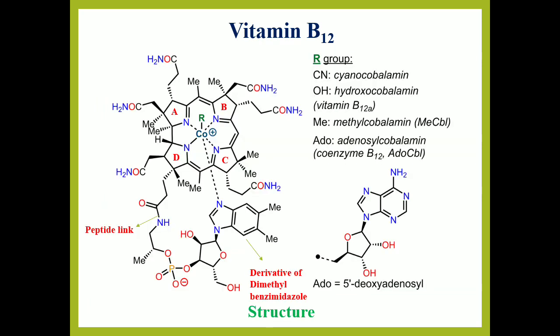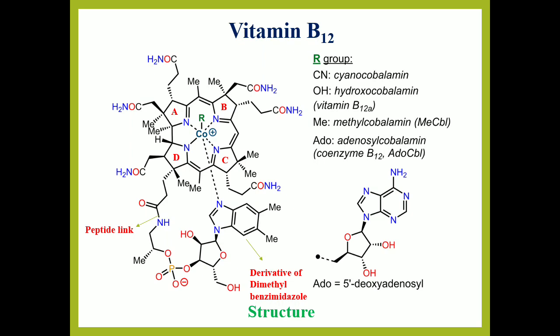Its structure is similar to the porphyrin ring, but the major difference is that the A and D rings are bound together without the methine bridge linkage, and the ring is not completely conjugated. So it contains the corrin nucleus.